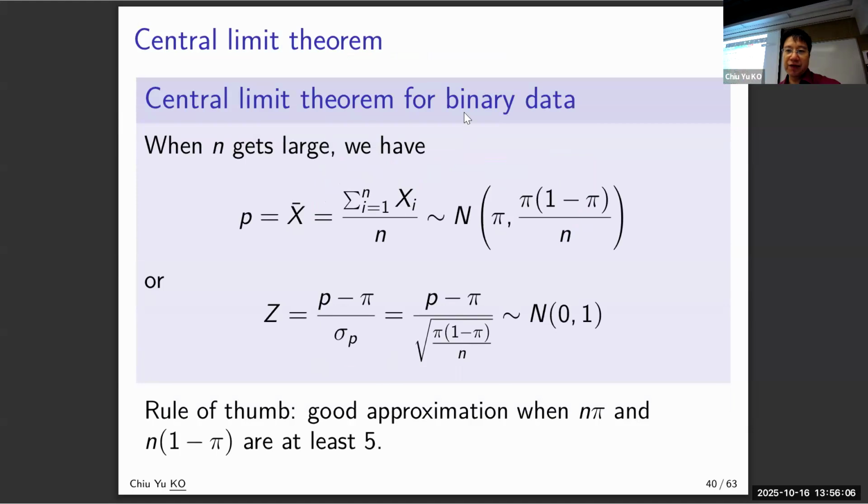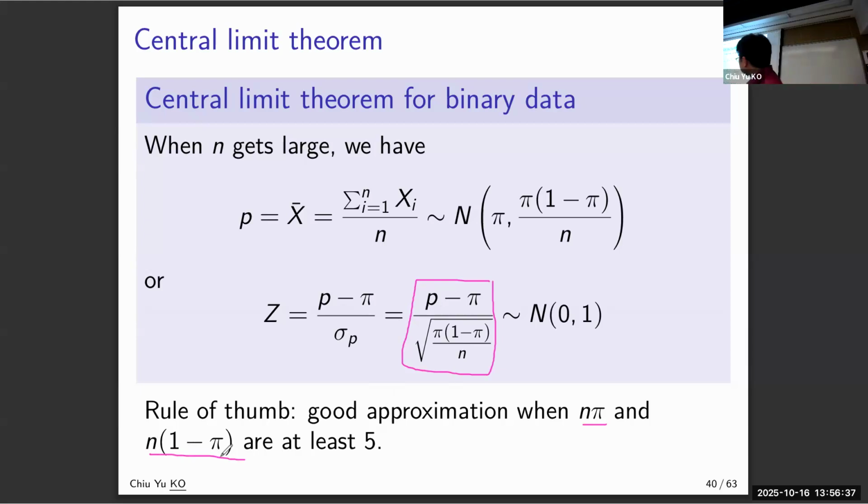So if I have this particular form, this is the central limit theorem, this is the formula. And you ask when this is good. Because this is actually a binomial, when n times pi and n times 1 minus pi are bigger than 5, it's a good approximation.